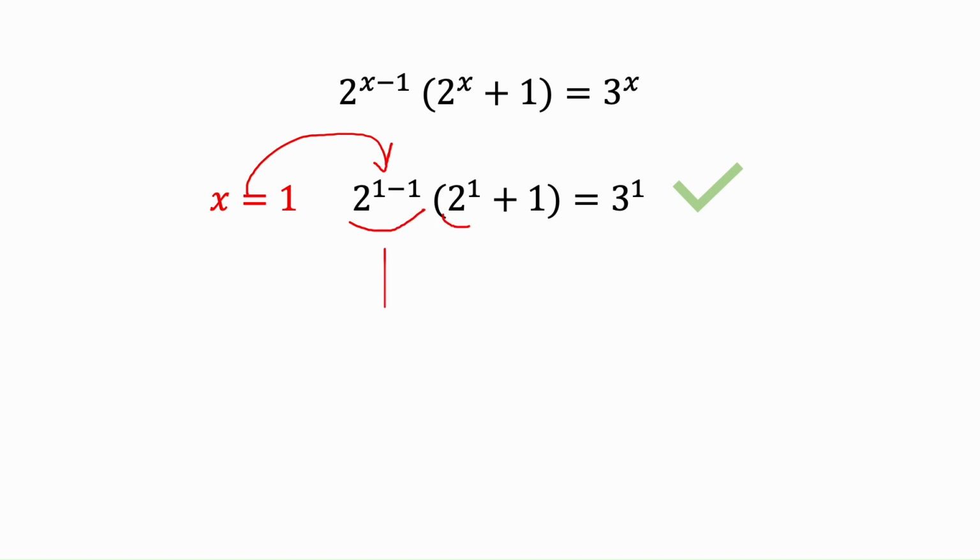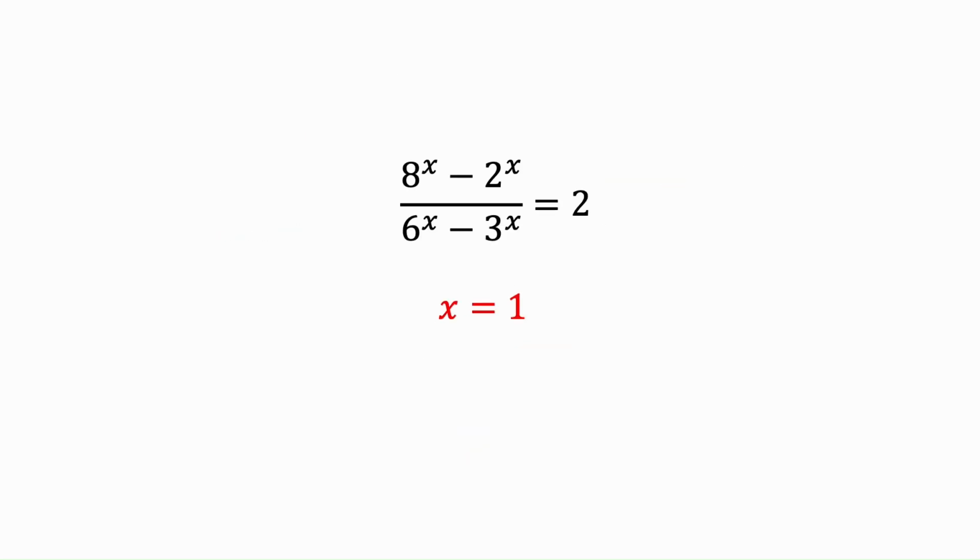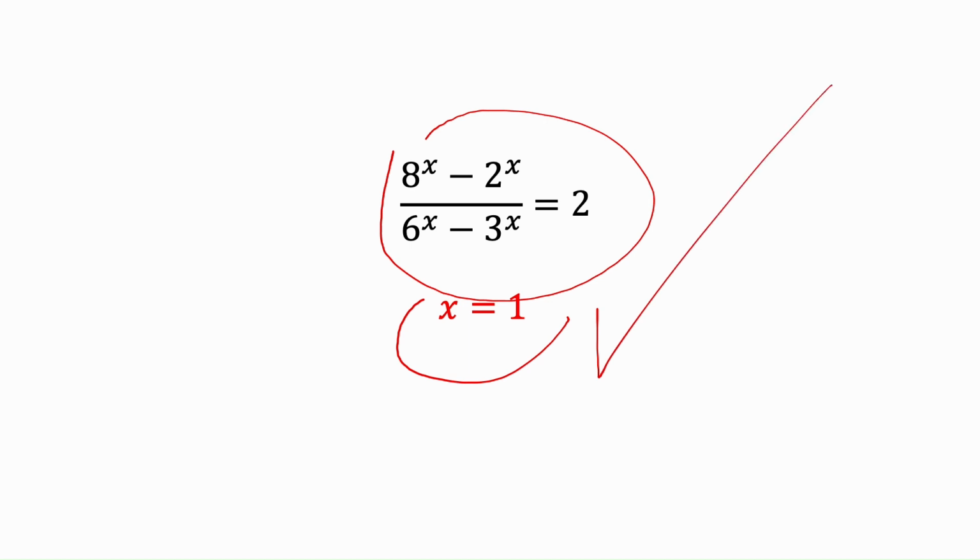And this is going to be 2 to the power 1, which is 2, plus 1. And here we will have 3 to the power 1, so this is going to be 3. And that's correct. x equals 1 is our answer. And this is the equation that we had from the beginning. And the answer is x equals 1. And we found the correct answer.